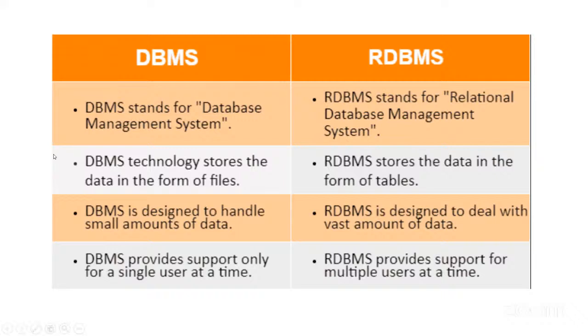So DBMS evolved into RDBMS. In RDBMS you store data that has a relation between each and every table, it is vast, and it has multiple users. The opposite comes with DBMS. In future, we are going to discuss DBFS, which means we are discussing a file system.